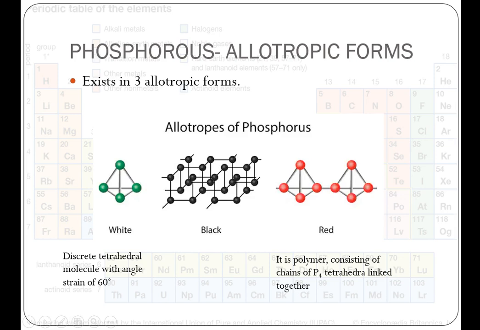It consists of discrete tetrahedral molecules with an angle strain of 60 degrees. The structure of red phosphorus is polymeric. It consists of chains of P4 tetrahedra linked together.